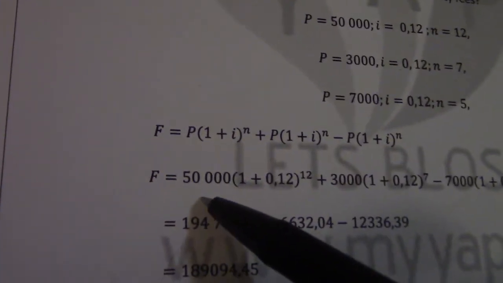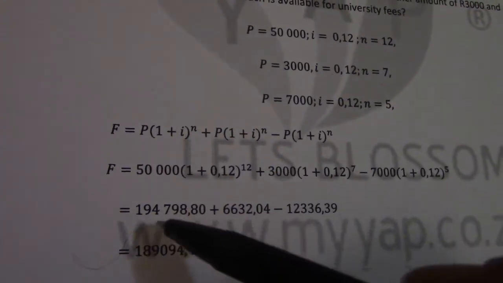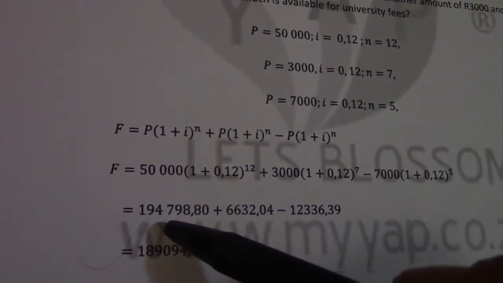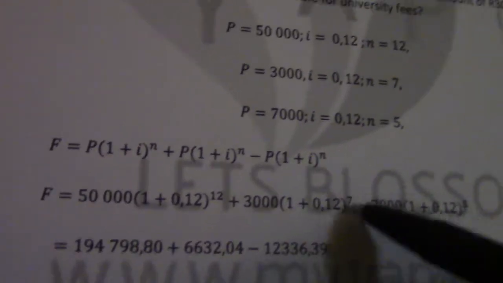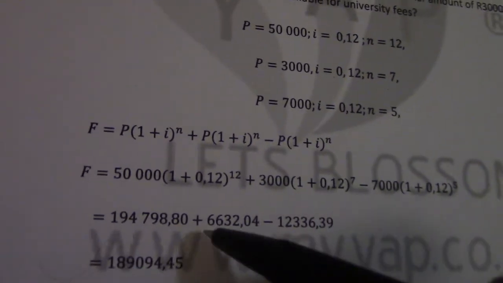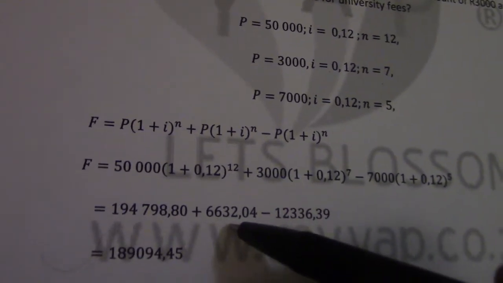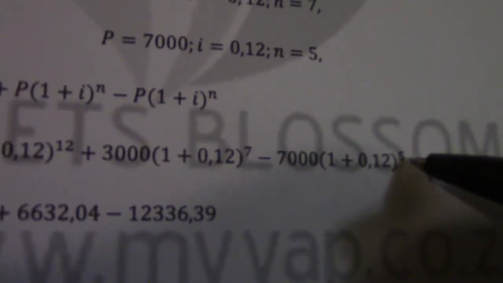So he invested 50,000 for 12 years. That would give him 194,798 Rand 80. Then invested 3,000 effectively for 7 years. So his 3,000 after 7 years would give him 6,632 Rand 4 cents. Now he withdraws 7,000 after 7 years. So effectively he is losing interest for 5 years.